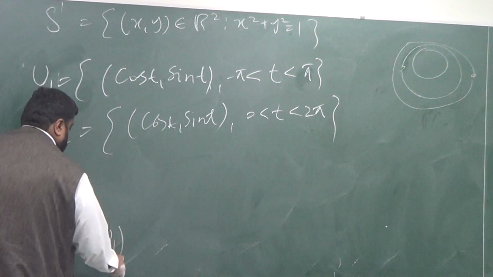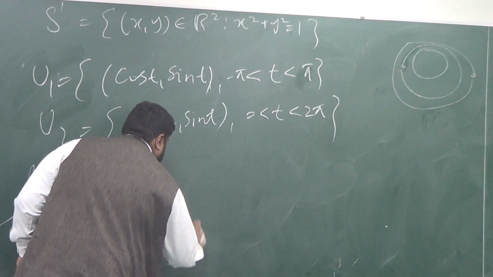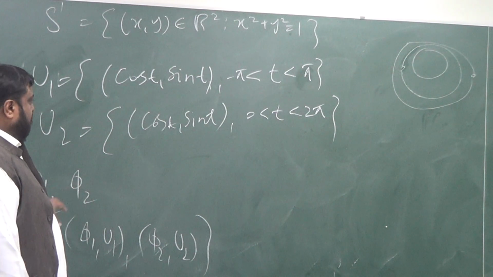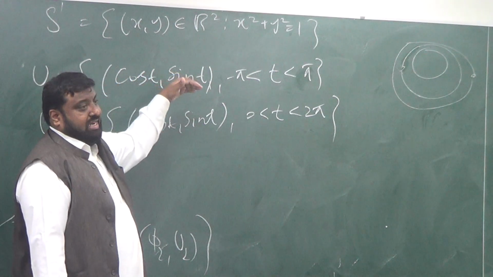Phi 1, U1, and phi 2, U2. So we say that this circle is a smooth manifold. By the way, in the book, which I'm going to send you as notes today, you will find another atlas for the circle, consisting of 4 charts, all C infinity. So I have 2 charts here, and they take me to a maximal atlas.